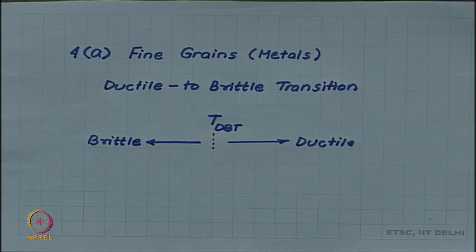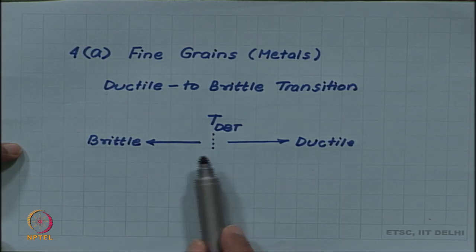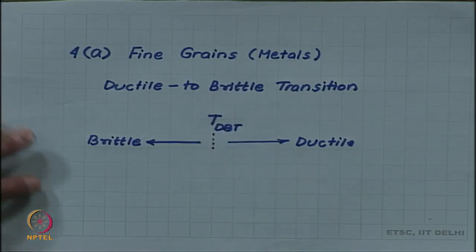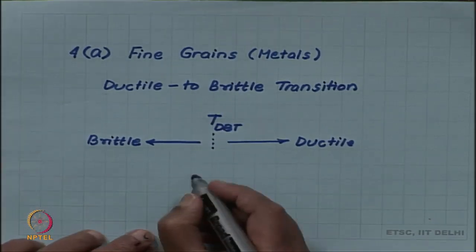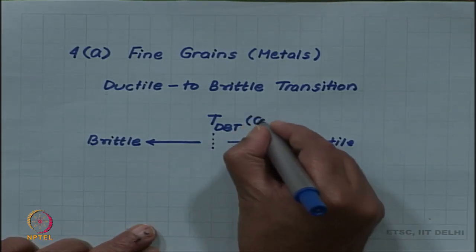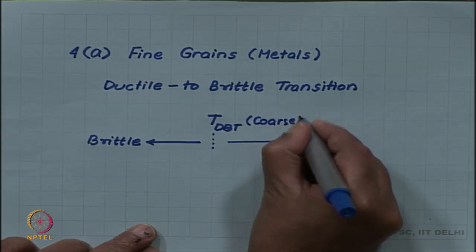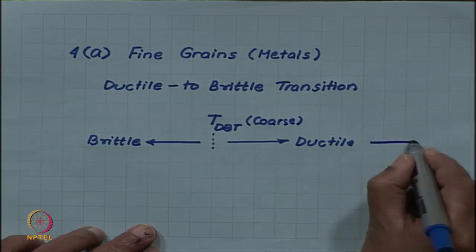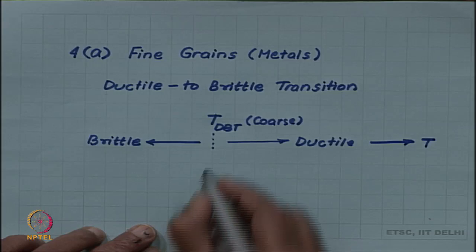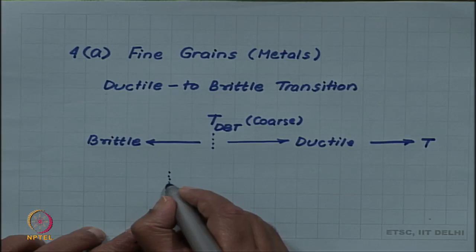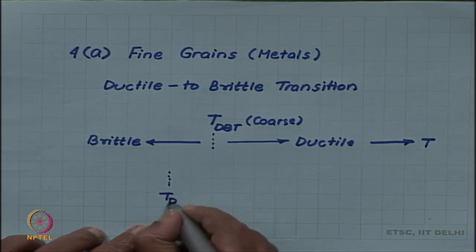Now, brittle behavior obviously we want to avoid. So, if the ductile to brittle transition temperature is lower, it is better, and fine grains usually lower the ductile to brittle transition temperature. So, if we call this DBT coarse, and this is increasing temperature, let us say, then if we take a fine grain, the ductile to brittle transition for most metals shifts downwards.